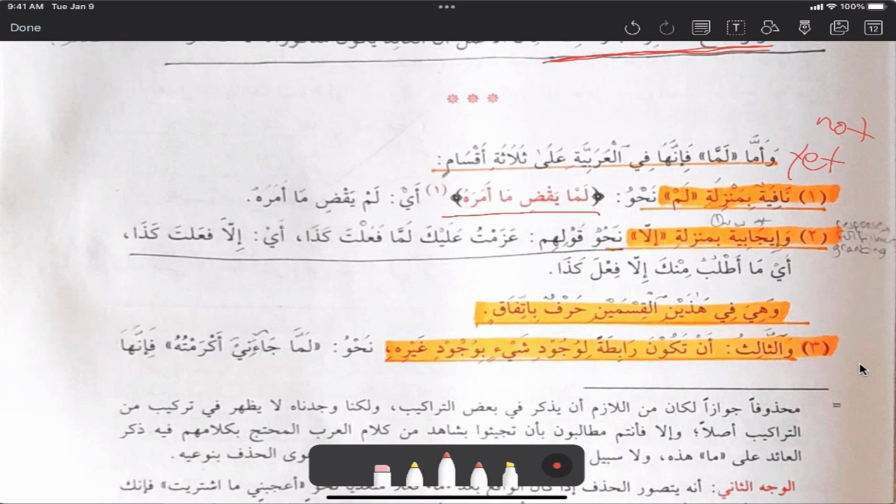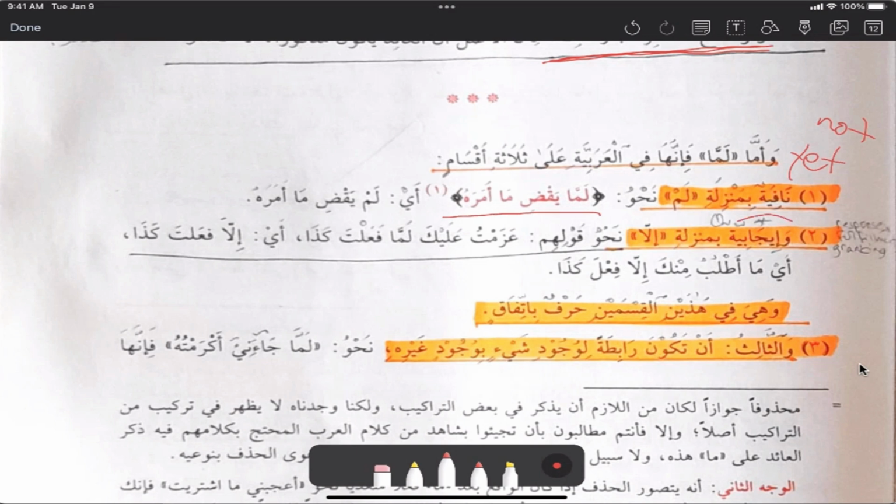وإيجابية بمعنى إلا نحو قولهم عزمت عليك لما فعلت كذا أي إلا فعلت كذا أي ما أطلب منك إلا فعل كذا. Then there's also lamma that's affirmative.